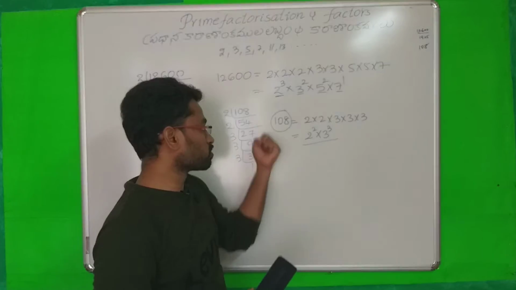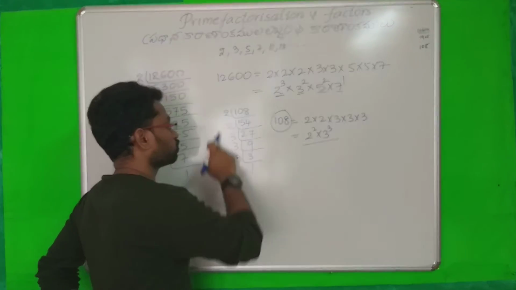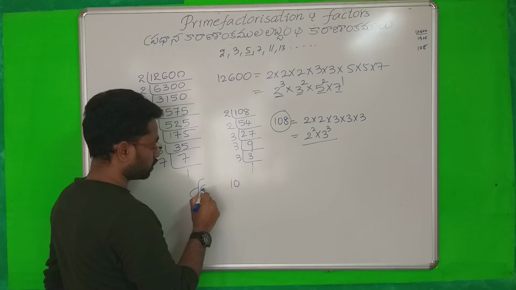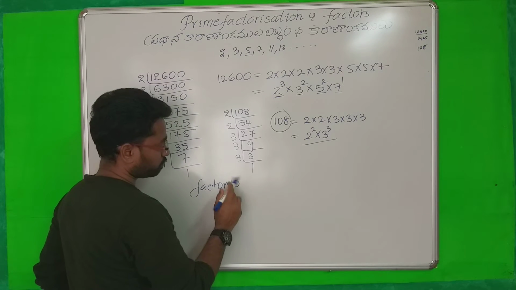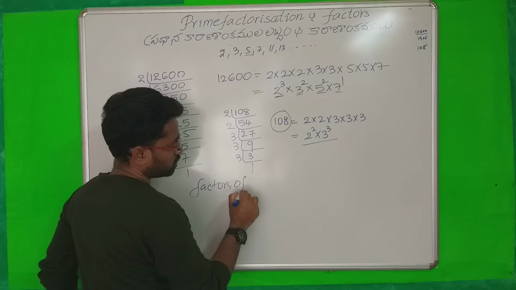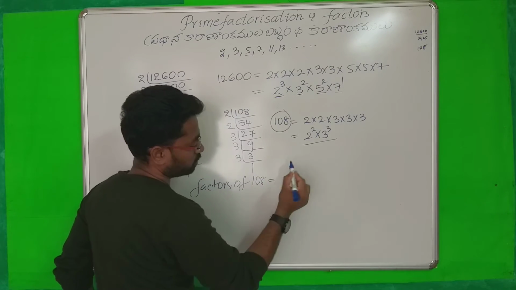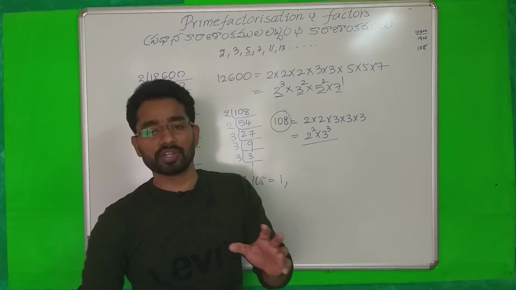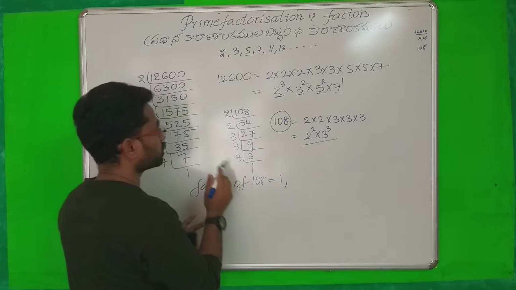How can you write them? By using this process. Now I am writing the factors of 108. First you have to remember one thing: 1 is a factor of every number. Now listen to the process carefully.